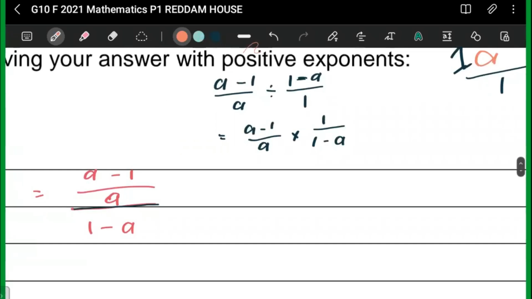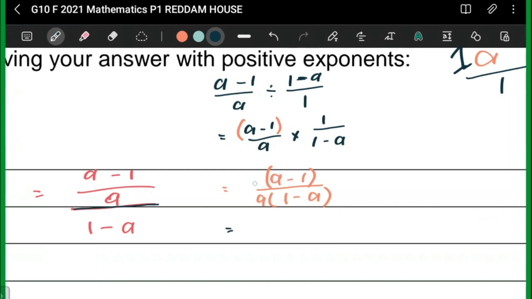So your laws will tell you that the top times the top is going to give you a minus 1. The bottom times the bottom is going to give you a, and then 1 minus a. So these two here look like you can easily cancel them out if you at least have the signs looking alike. So it looks like you can take out a negative at the top and swap them around.